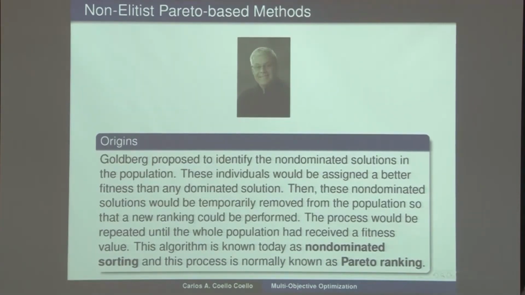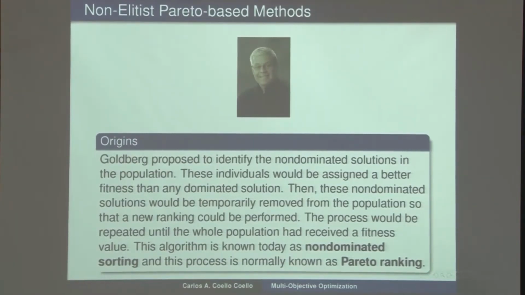So the best possible fitness, these solutions should get. And then all of the non-dominant solutions should get the same fitness value, so that when selecting, they are sampled the same, because they are equally good. All of them are equally good. Then you remove non-dominant solutions, classify again, assign another fitness value, and you keep doing this.